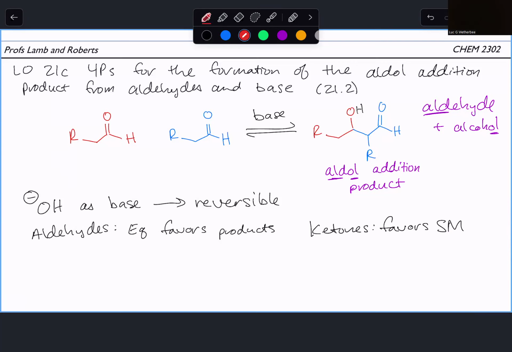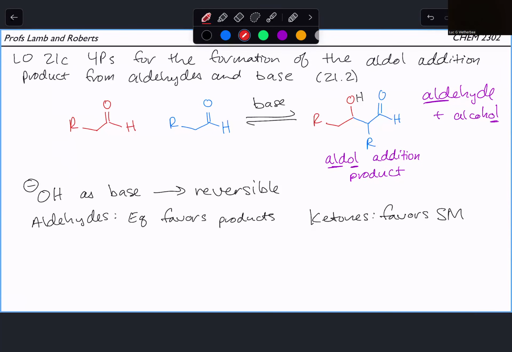So if I were to draw the same equilibrium with, say, acetone, we know that ketones can also be electrophiles. If they have alpha protons, they can also be nucleophiles. So we draw the same equilibrium in the presence of sodium hydroxide. Our aldol addition product would look like this.